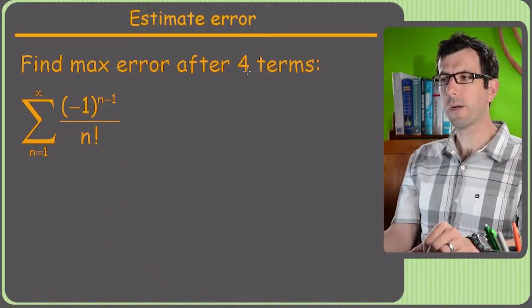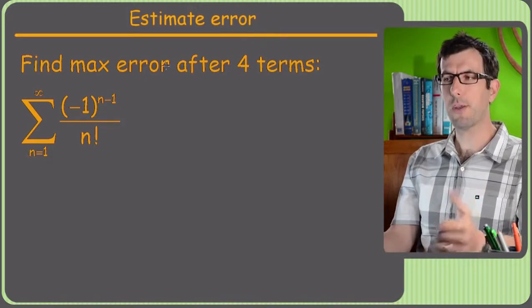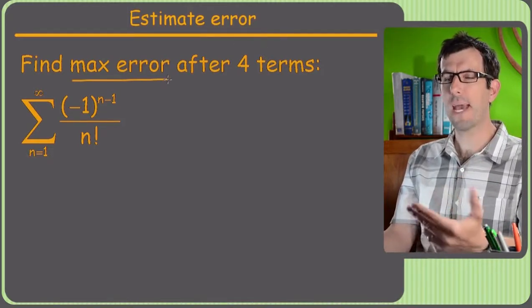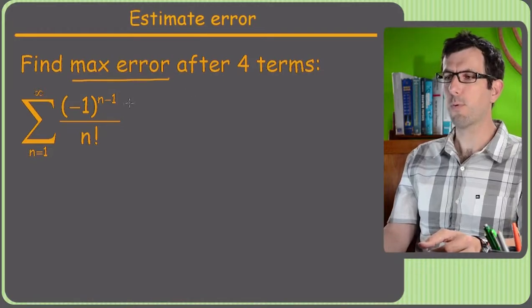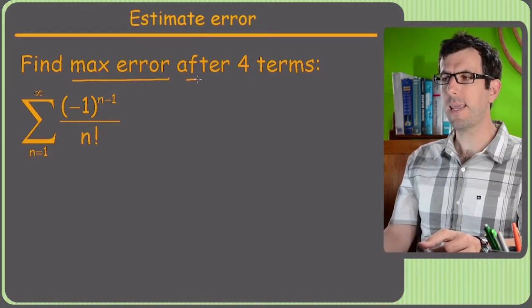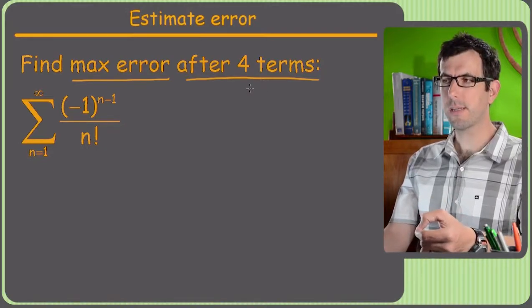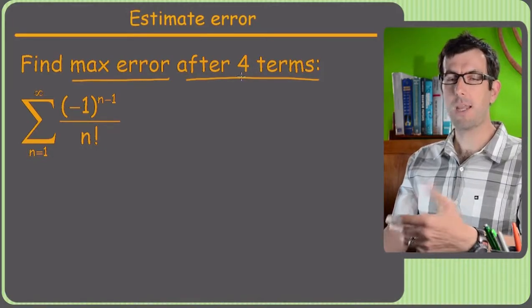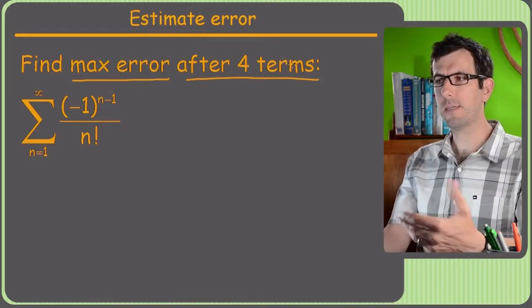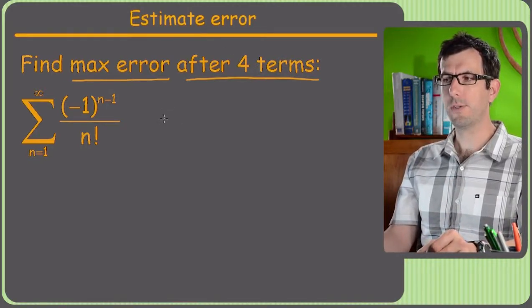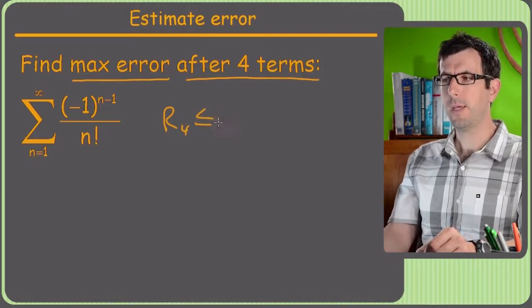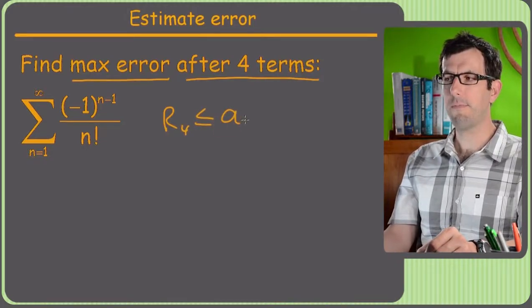All right, find the max error after 4 terms. On the previous slide, we called it the remainder. On this one, we're calling it the max error. But either way, we're looking at an alternating series, and they said after 4 terms. Pretty much any question they ask about an alternating series that involves not infinite terms, so 4 terms, 10 terms, whatever, all we're going to do is plug into the remainder formula. So the remainder after the 4 terms is less than or equal to a sub 5.